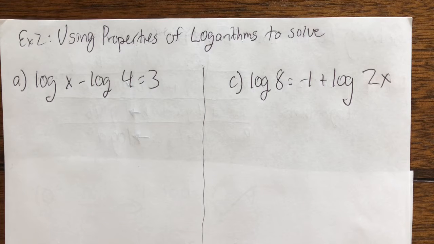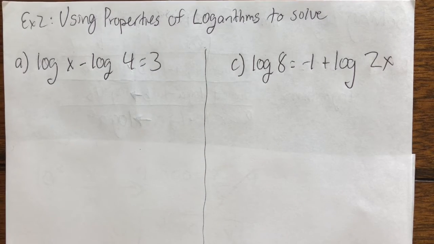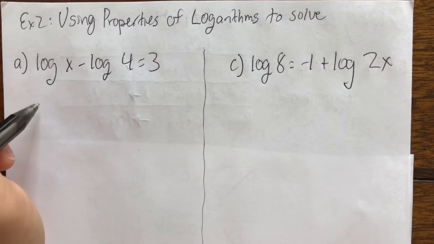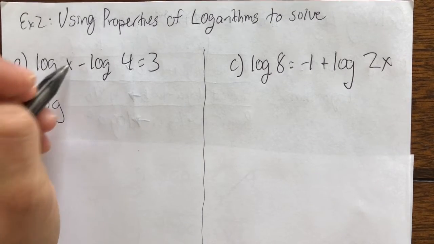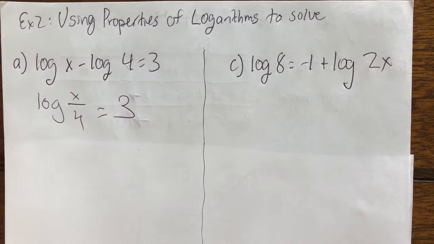Even if I move log 4 to the other side, I still have this 3 in the way. So what I can do is condense these 2 logs by using the quotient property. So I'm going to rewrite it as log of x divided by 4 equals 3. Now I just have a single log of x divided by 4 equals 3.